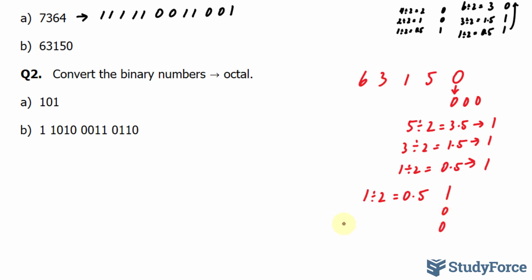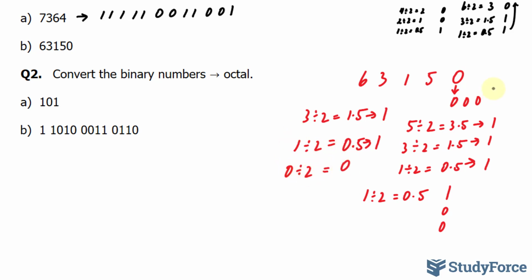Moving on to 3. 3 divided by 2 is 1.5, read as 1. 1 divided by 2, we'll take the integer portion. That gives us 0.5, another decimal. And 0 divided by 2, well, we know that will give us 0.